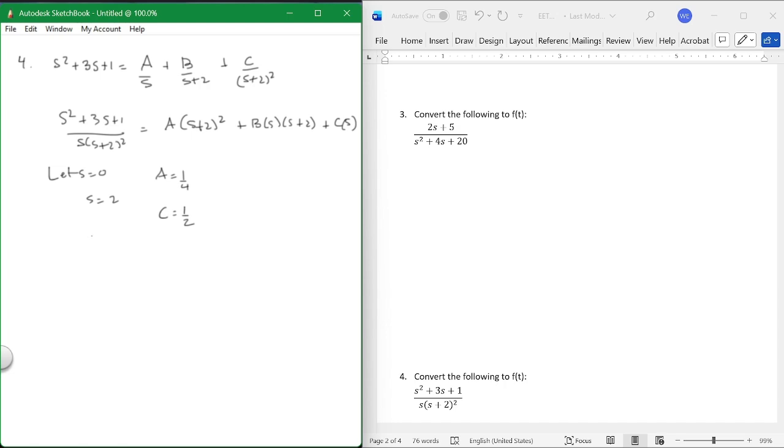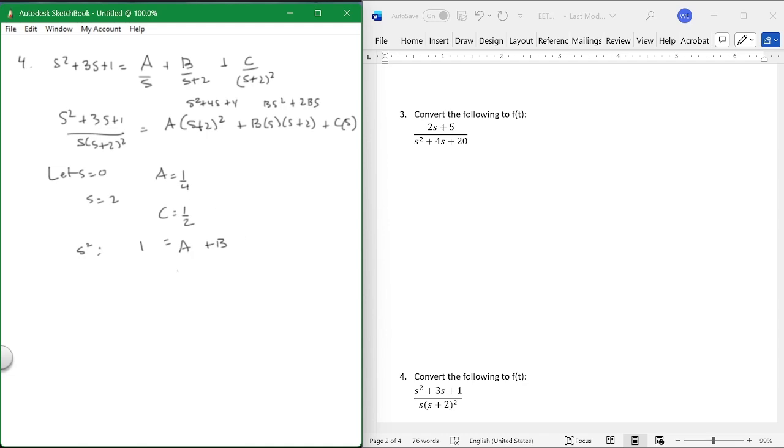Okay, so on the left, if you evaluate the s squared terms, there is one s squared on the left, and on the right, this is expanded s squared plus 4s plus 4, this is bs squared plus 2bs. Now, if you expand this and look at the s squared terms, there's one s squared on the left equal to a plus b.